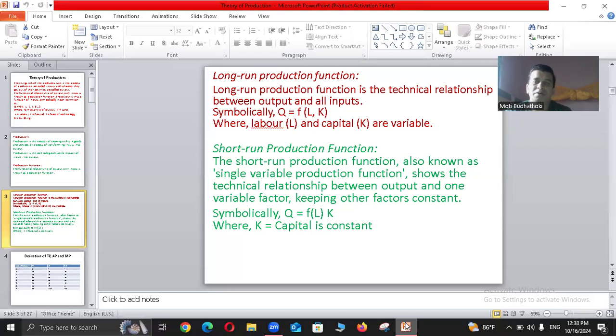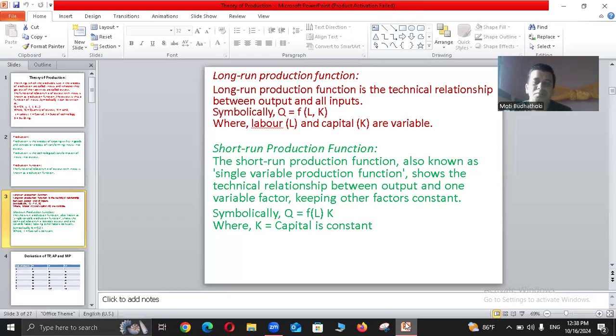In case of long run, all the factors of production are variable, but in case of short run, there is only one variable factor, that is labor, and we keep capital as a constant factor of production.